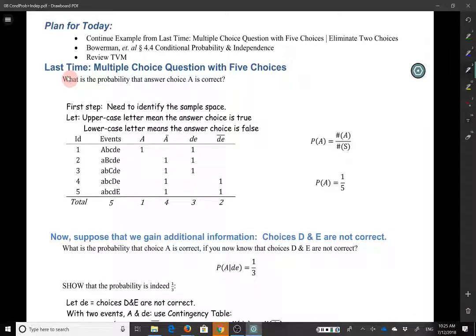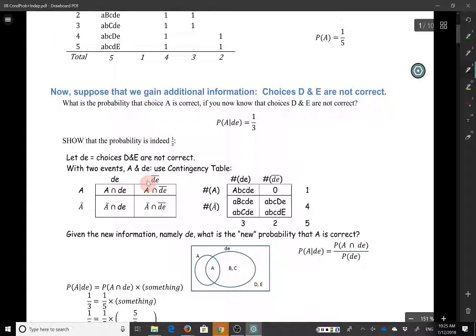This is following the book pretty much, and maybe we'll say a little bit about TVM, maybe not. Last time we were looking at the issue of what's the probability that answer choice A is correct. The first step is, what's the sample space? How do we analyze this? Keep in mind what framework we are trying to use: the conditional probability framework.